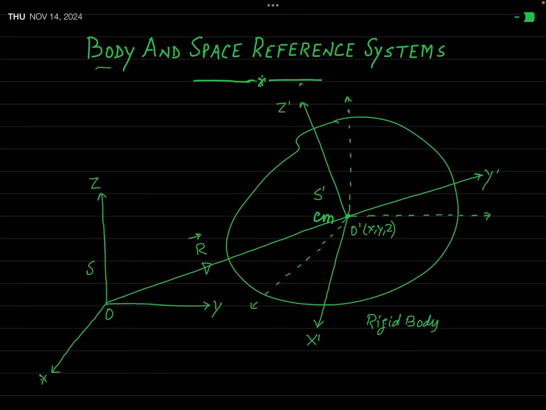So, first of all, we have to know what these two reference frames are and how we can transform the coordinates of a point if you know it in one particular frame into another frame.